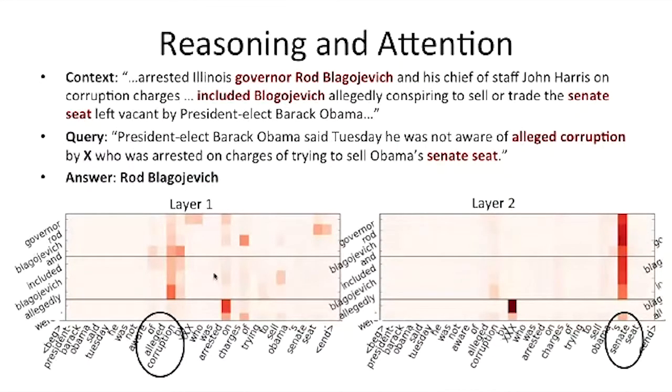The interesting thing is that when we look at attention, we can basically figure out that in this particular example, the model is paying attention to different parts of the document. So for example, at the first layer, it picks up that alleged corruption highly correlates with Governor Rob Blagojevich. And at the second layer, Senate seat correlates with Rob Blagojevich. So it picks up a few different important features in order to be able to answer the question correctly, which is kind of interesting.